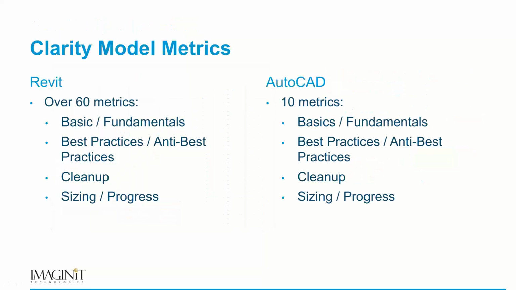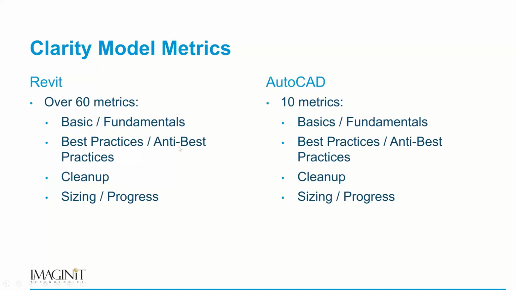So what else does this apply to? The Clarity metrics that we offer for Revit and AutoCAD fall into different categories. We have a lot more available on the Revit side. It's just more time that we've been developing it for Revit. AutoCAD is a relatively recent addition for us. But they fall into these categories that we would class as basic, fundamental things.